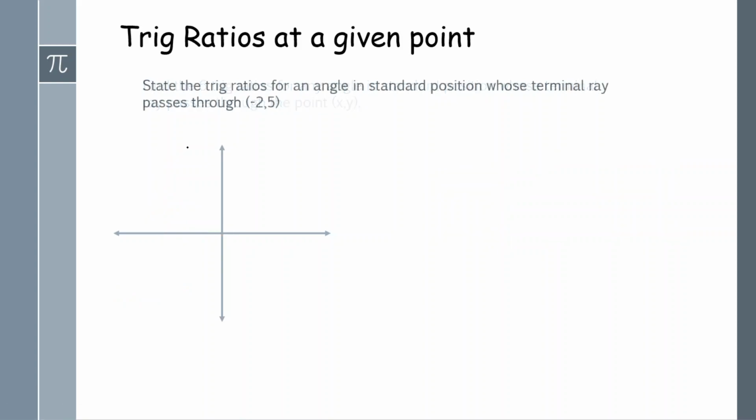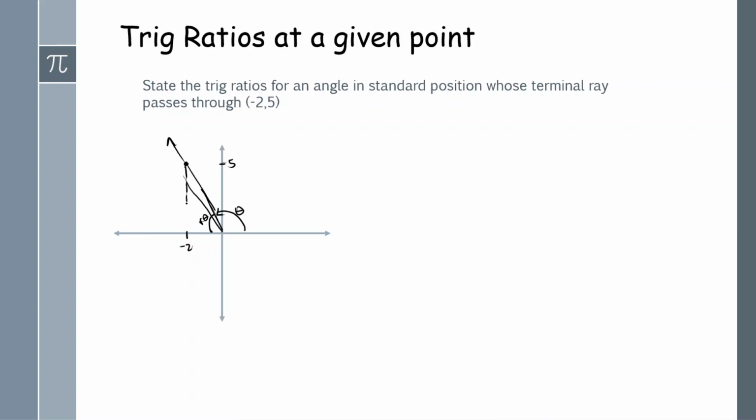Now, let's do a particular point. So instead of just calling it x, y, let's say we're at -2, 5. Okay, so this picture is a lot like the one I just had, and we're talking about this reference angle to find this angle.